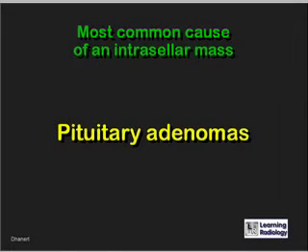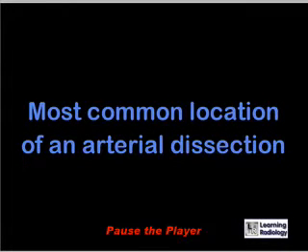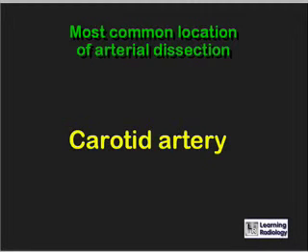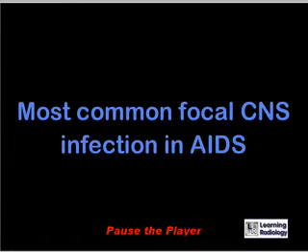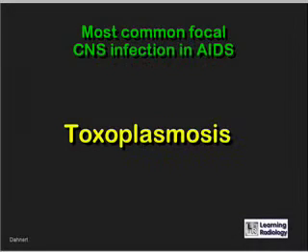Pituitary adenomas. What is the most common location of an arterial dissection? The carotid artery. What is the most common focal central nervous system infection in AIDS? Toxoplasmosis.